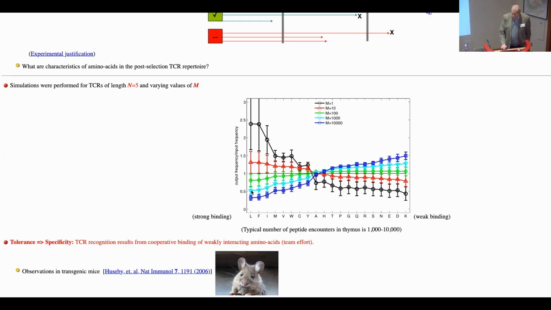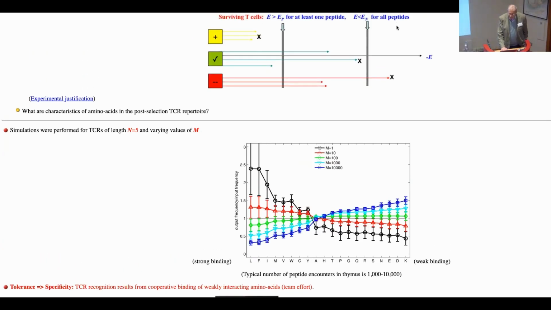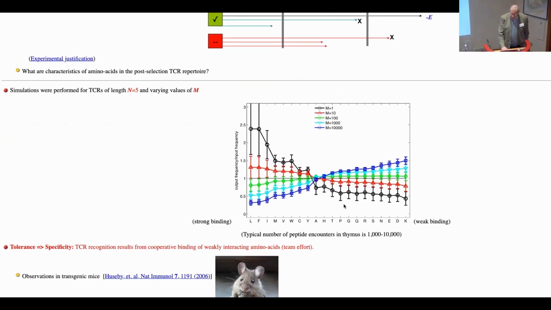And we ask, what is the percentage of that amino acid having been accepted after going through this process compared to the percentage that was initially present in the ensemble, that corresponds to the ensemble of typical amino acids in human, for example. And what we find is that this ratio depends on how many peptides you see in the thymus.